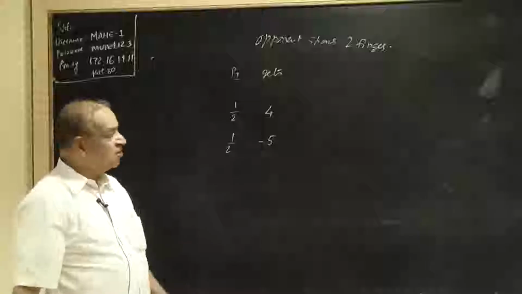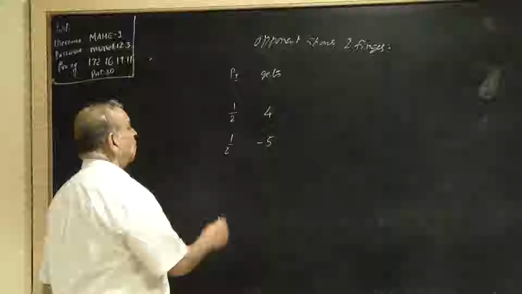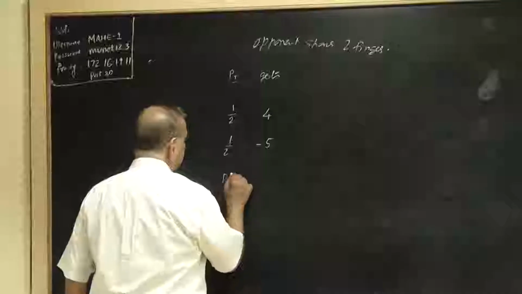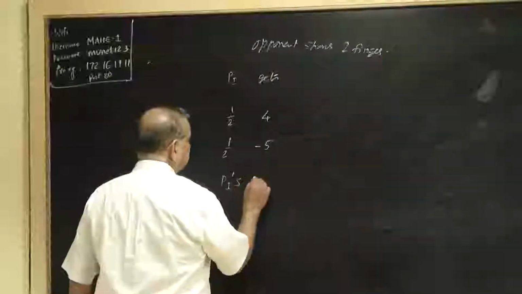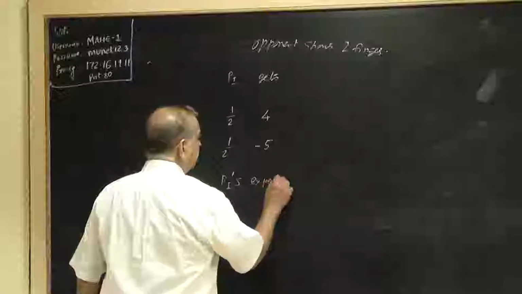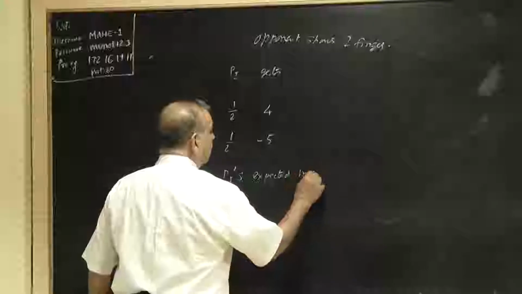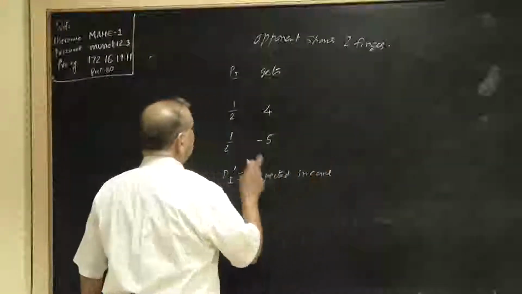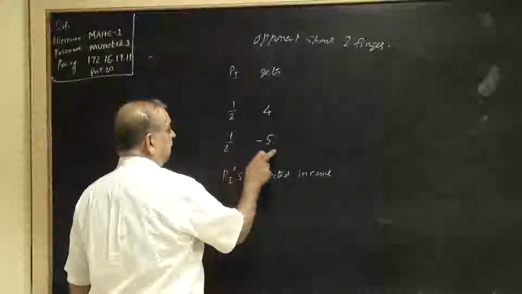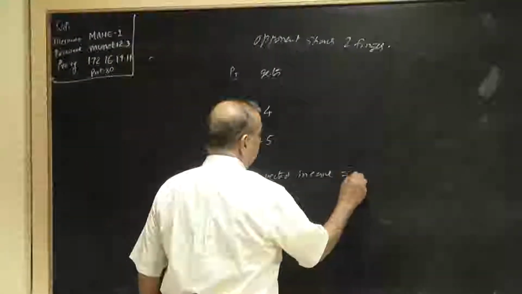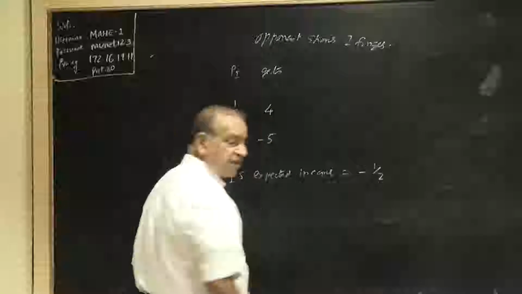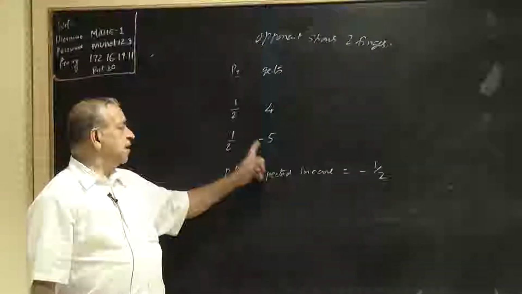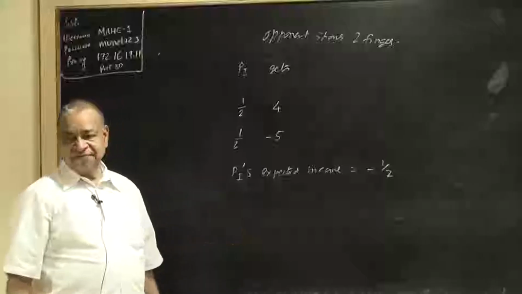Agreed? Which is equivalent to the opponent making the money. So P1's expected income, in statistics language, is half times 4 plus half times minus 5, which is 2 minus 2 and a half, which is minus half.